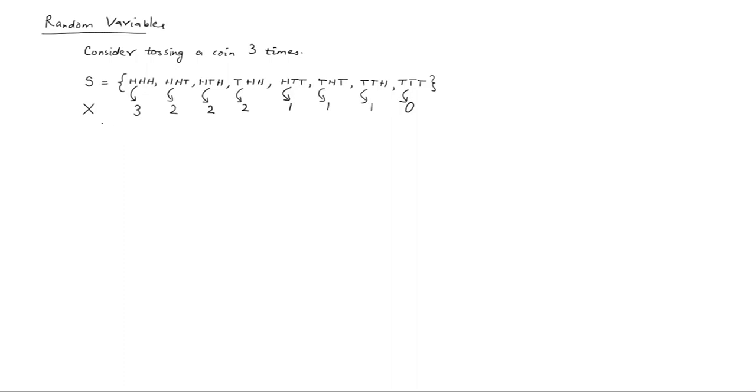Is X going to be random? That's my question to you guys. Is the value of X a random value? Yes, sir. Why? Sir, the value of X is changing, 3, 2, 1, 0.